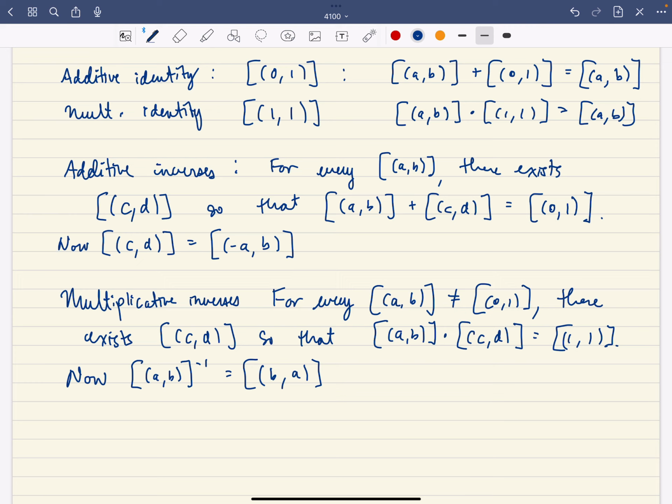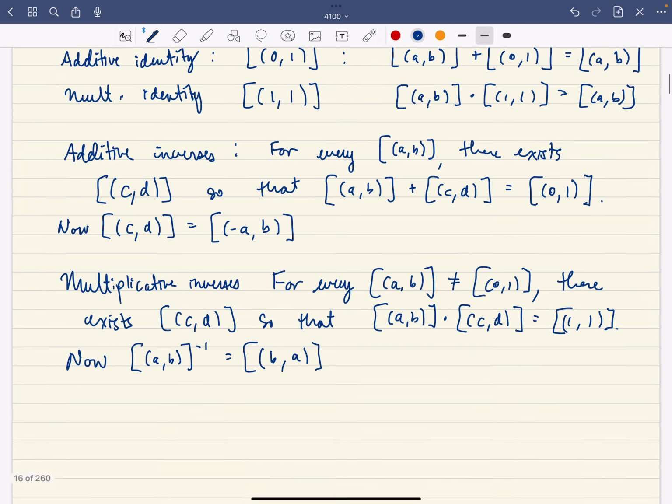You will get (AB, AB), where A and B are non-zero, and that's going to reduce to (1, 1). That's in the same equivalence class as (1, 1).